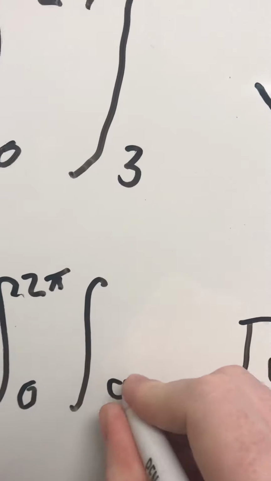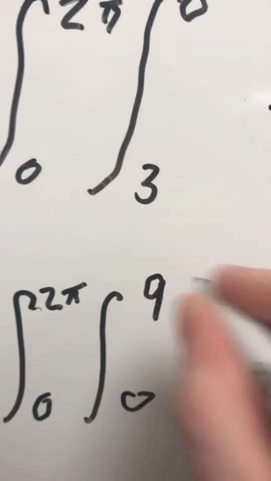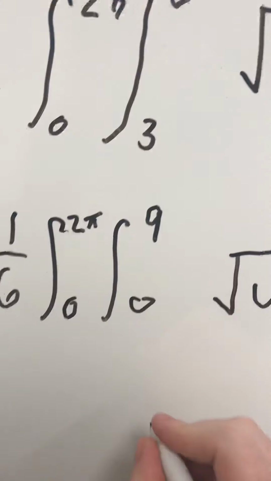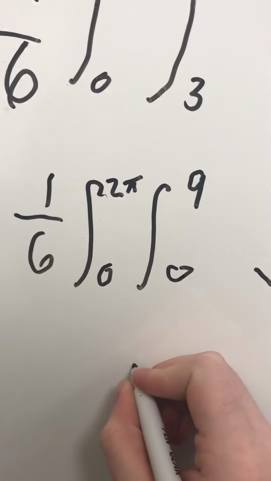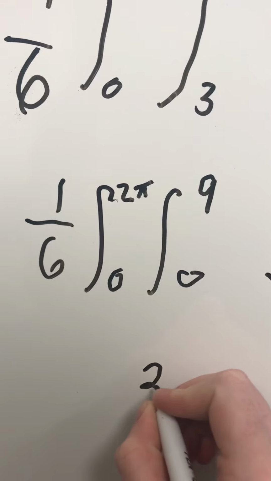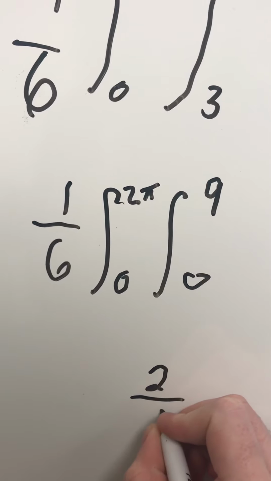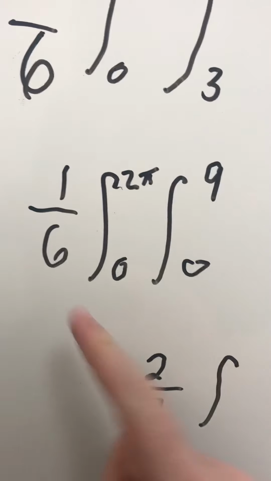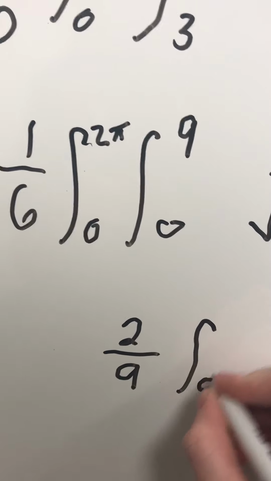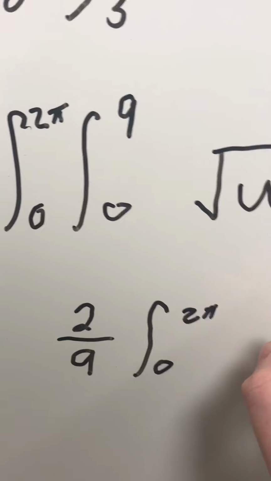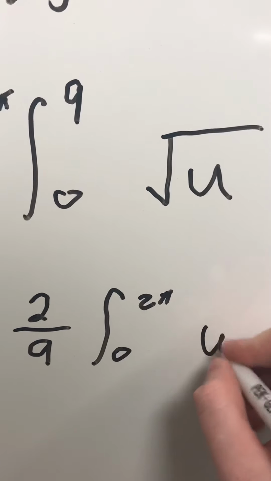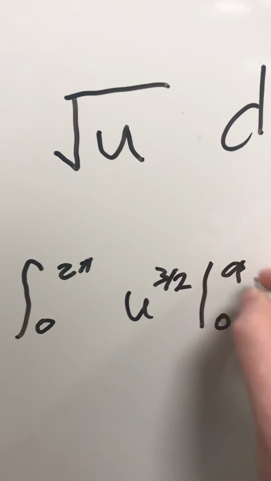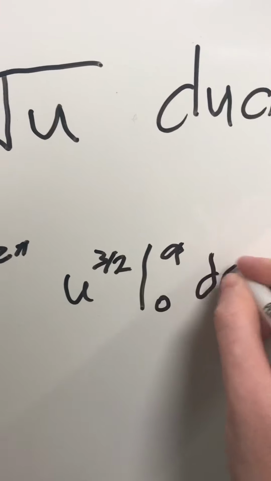So it's going to be 0 to 9 from here. So we're going to have 2/3, so 2 over 9, I multiplied it by that 1/6, 0 to 2 pi of u to the 3/2 evaluated from 0 to 9 d theta.